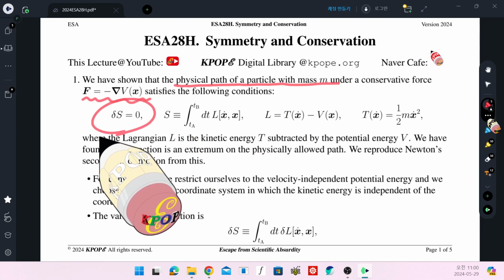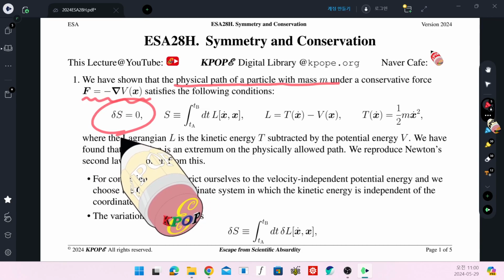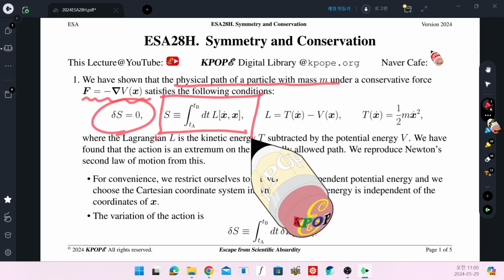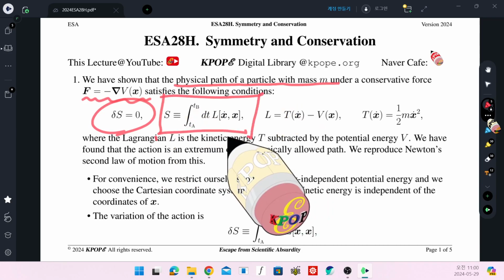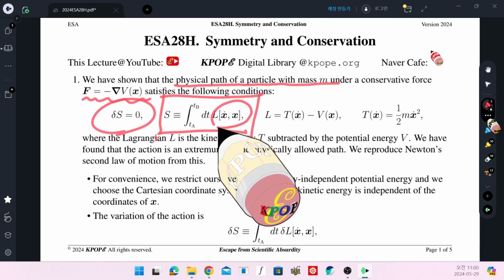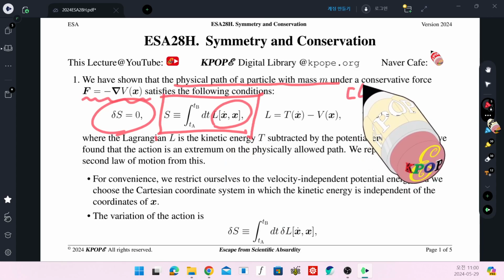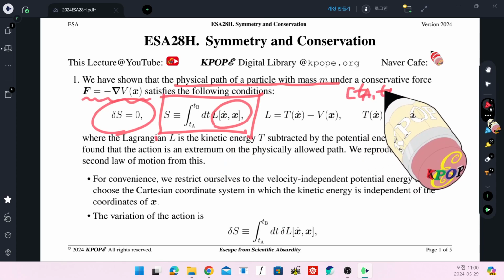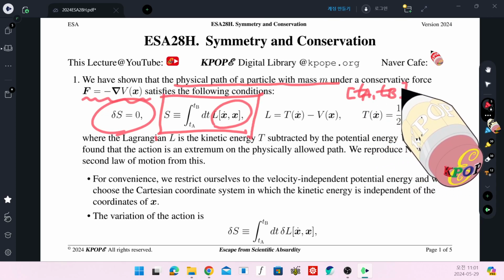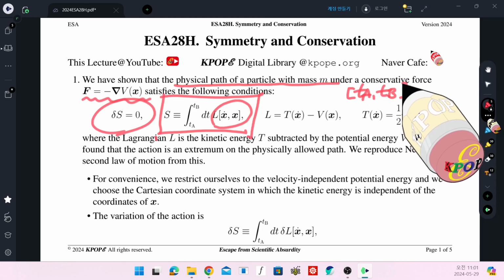Delta S means the variation of the action, that is the time integral of the Lagrangian integrated over a time interval with the initial and final position kept to be the same as the physical one.